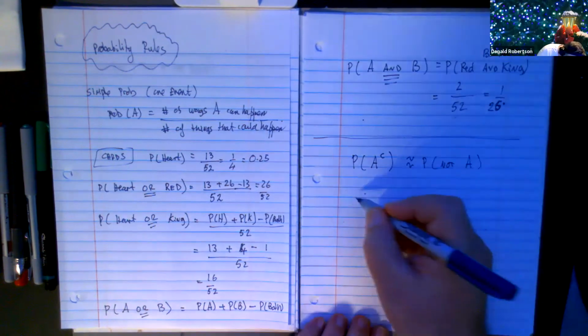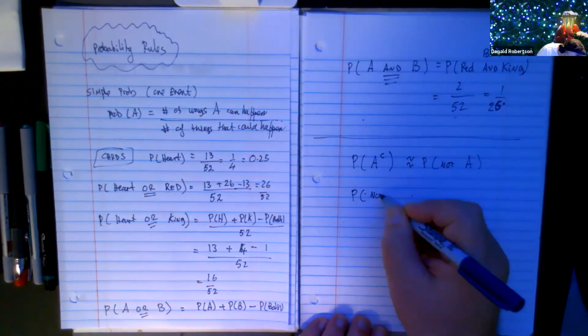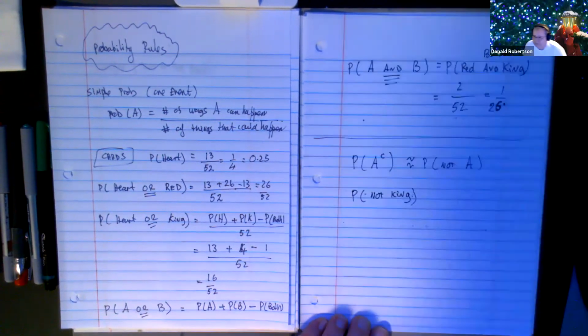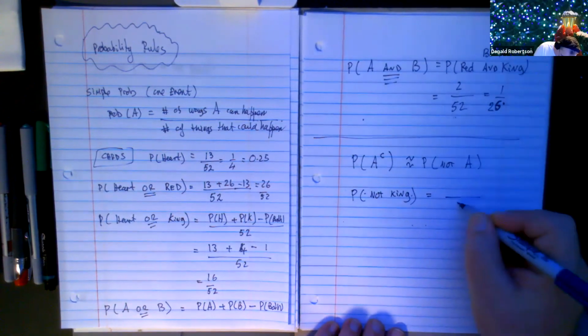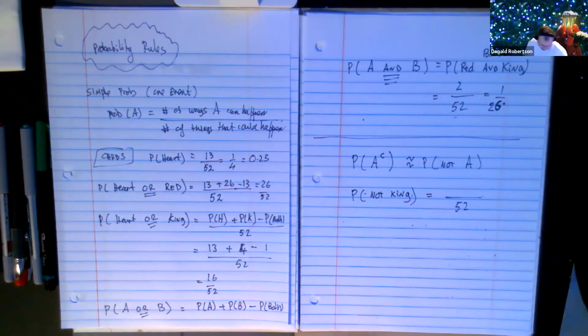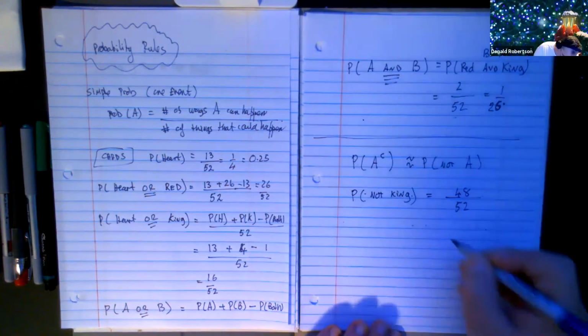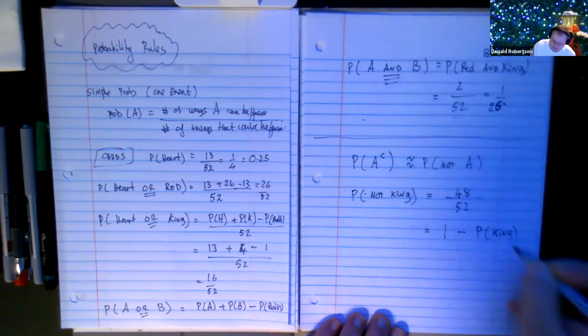So if I said to you, what's the probability of it not being a king? You could simply just add all the cards up that aren't kings. And you'll have to trust me, there's 48 of those. But couldn't you also say it's 1 take away the probability that it is a king?